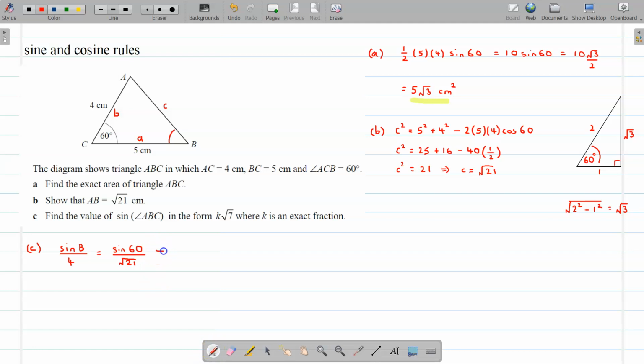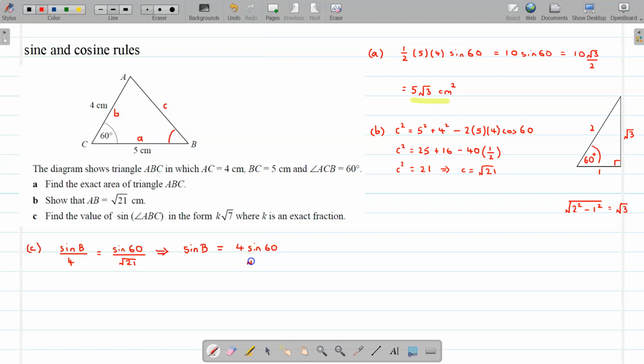And therefore, from that, I can say that sine B equals 4 times sine 60 over root 21.